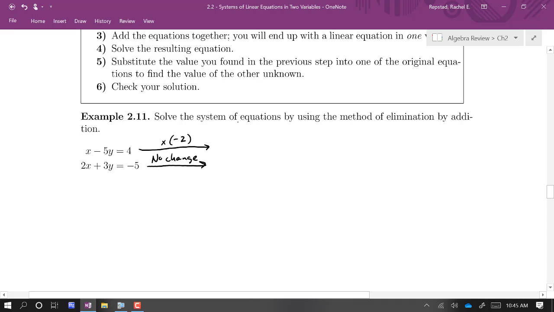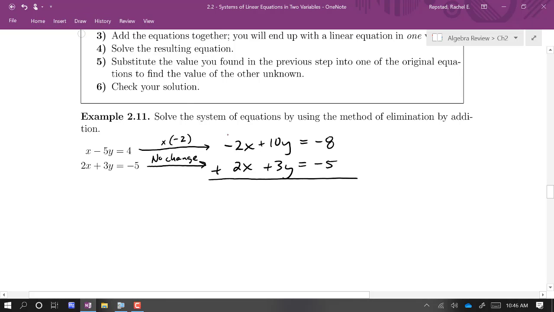Multiplying the top equation by negative 2, everything gets multiplied by negative 2, so we have negative 2x plus 10y equals negative 8. The bottom equation we're not making any changes, so we have positive 2x plus 3y equals negative 5. Now I'm going to add these equations together.